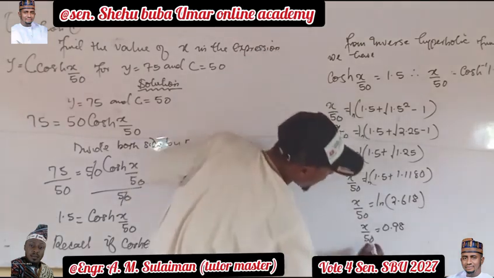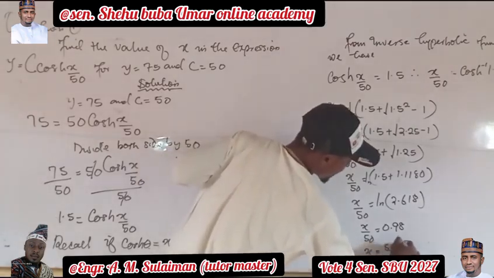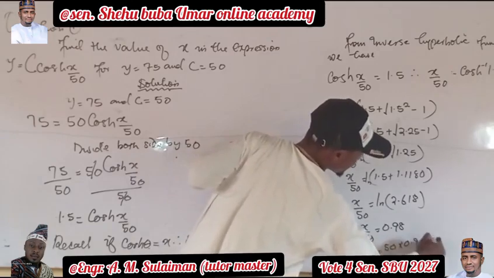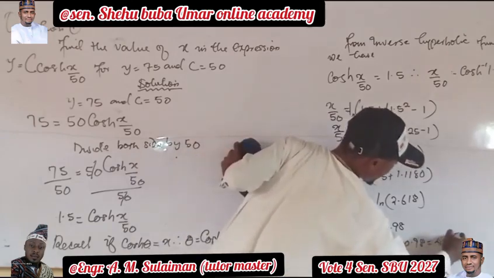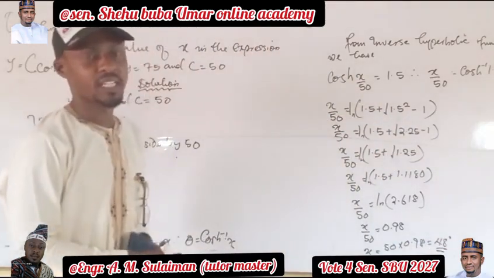Therefore, x is equal to 50 times 0.98, which is 48 degrees.